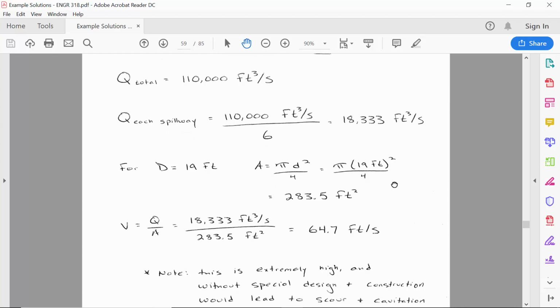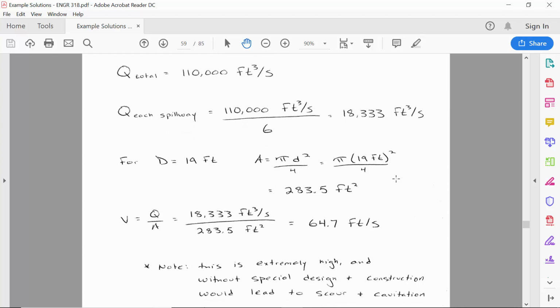And once we have that, we can find the velocity by just Q divided by area. So we found the Q per pipe, not the overall Q, because we've got 6 of these. So the velocity, this is the average velocity coming out of the pipe, is 64.7 feet per second.